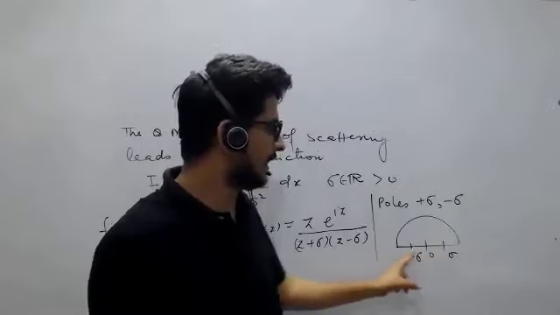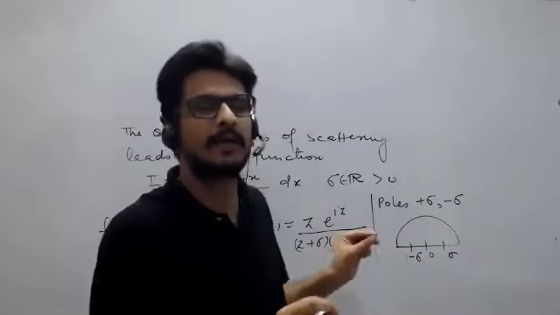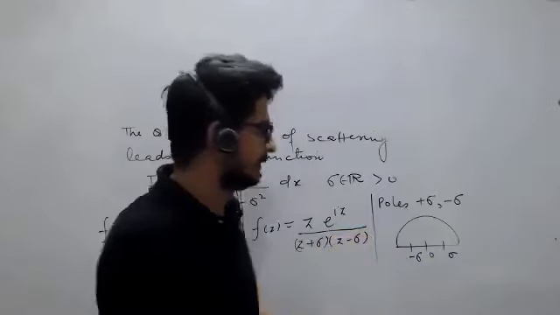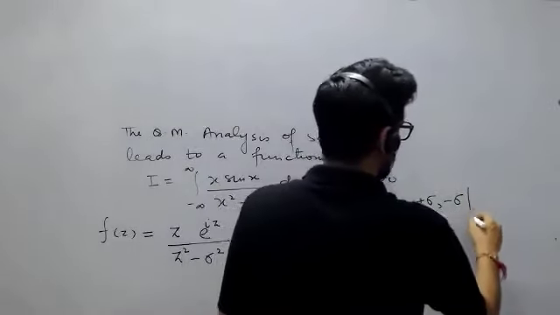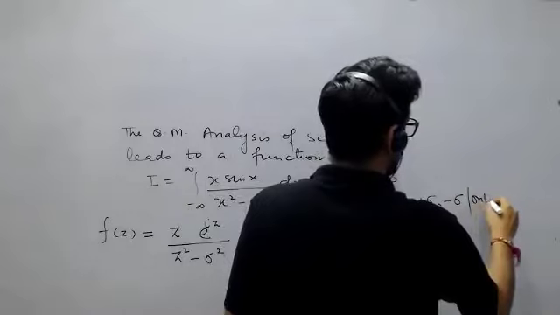So 2 will lie here, minus 2 will lie here, both will lie on the real axis.